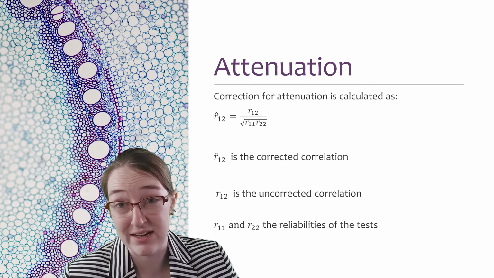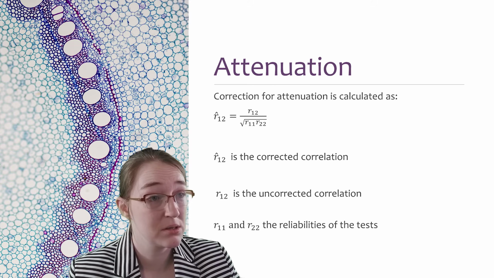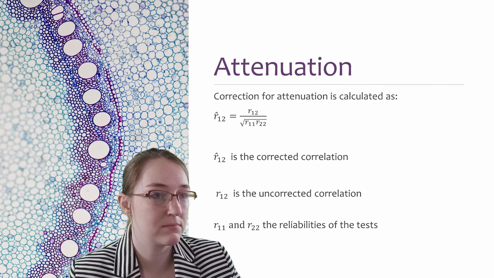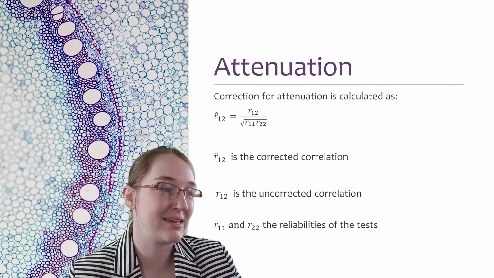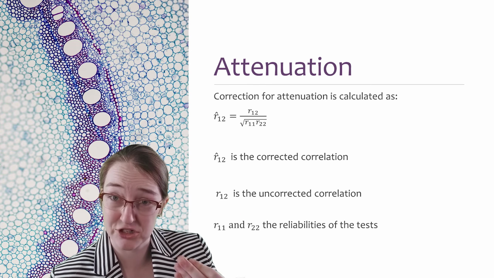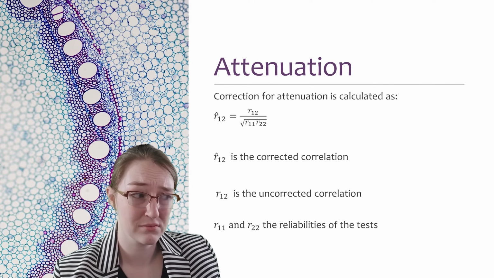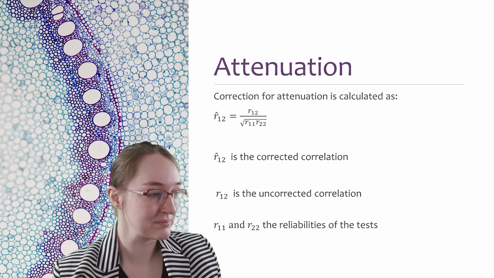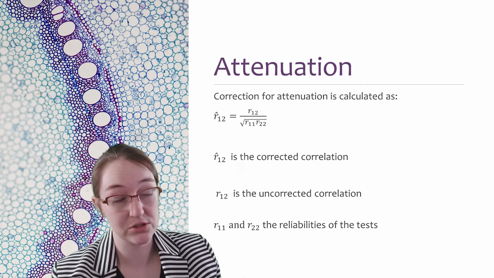And you can calculate that correction for attenuation by having the reliability for test one. So we can calculate here using R hat, our corrected correlation. Hat is an estimate. That's the little hat thing for those of you who didn't cover that in 312. But yeah, so R hat is our end result, and what we put in there is the original uncorrected correlation.